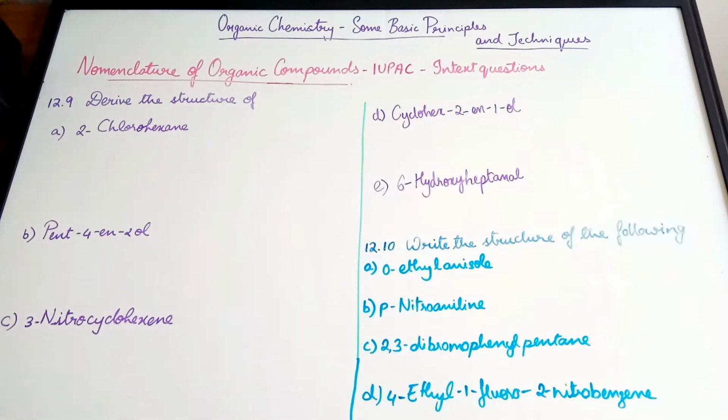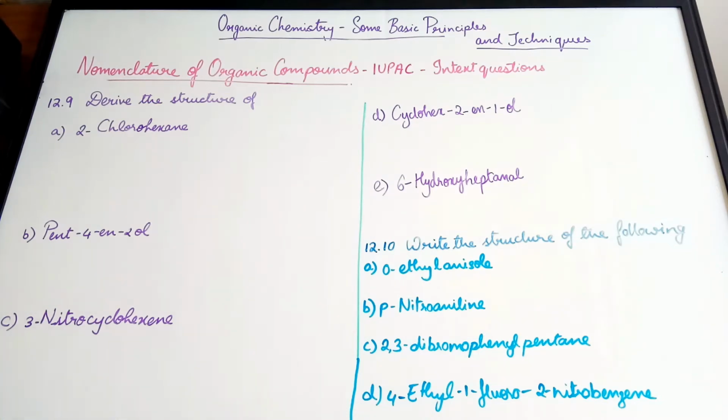The word root gives us the number of carbon atoms present. So first write down the structure from the word root and then add in whatever functional groups or side chains are present in the compound.